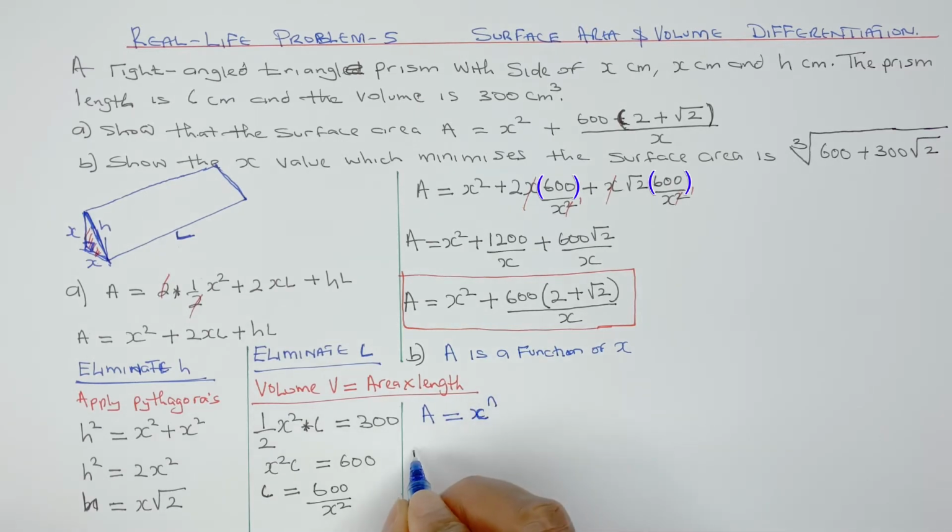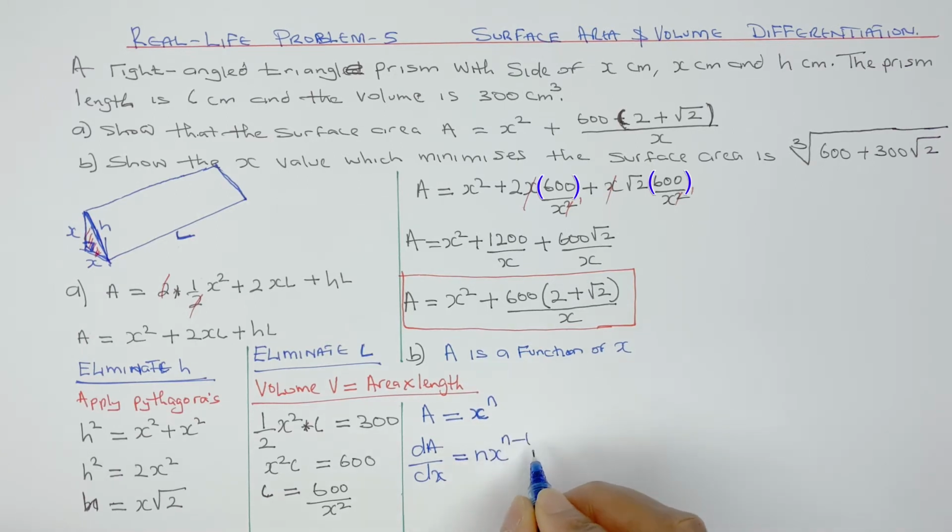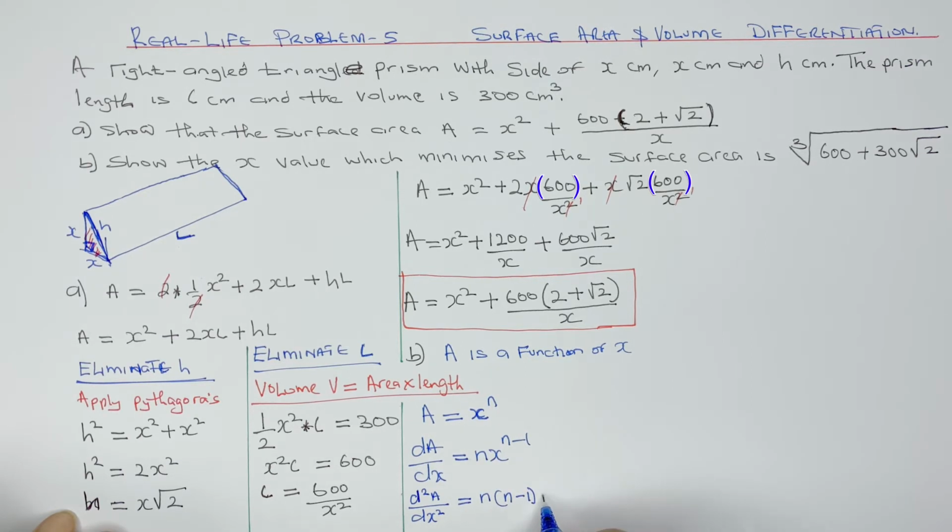We can then apply dA/dx, and that will be equal to n x to the power n minus 1. And then we can also apply the second derivative, which is d²A/dx² equals n(n minus 1) x to the power n minus 2.